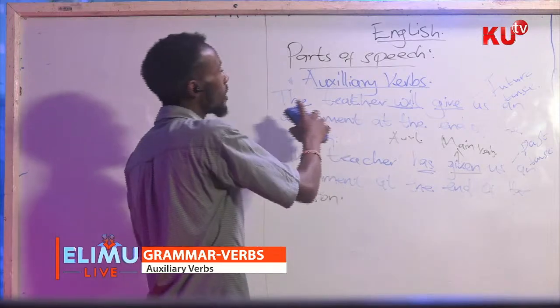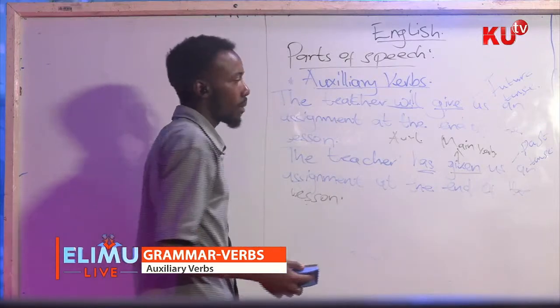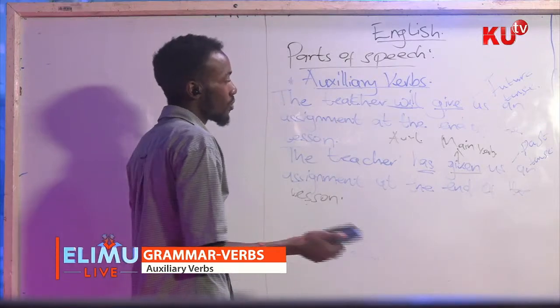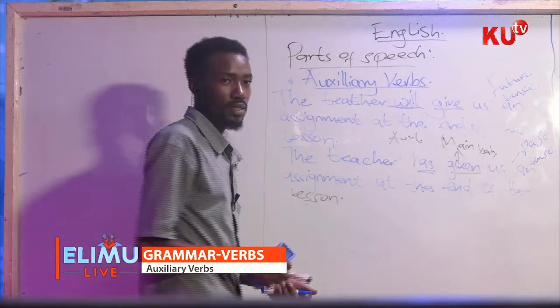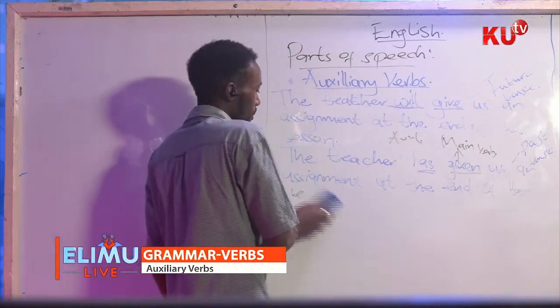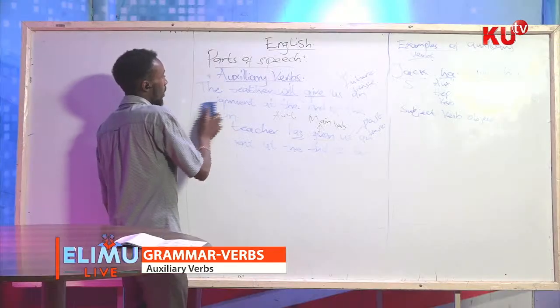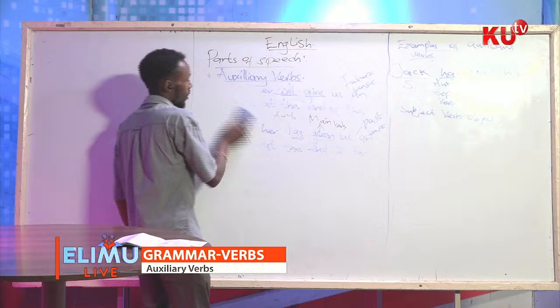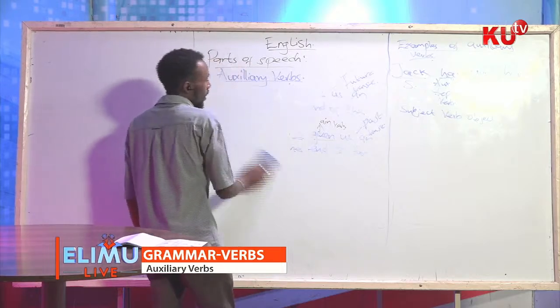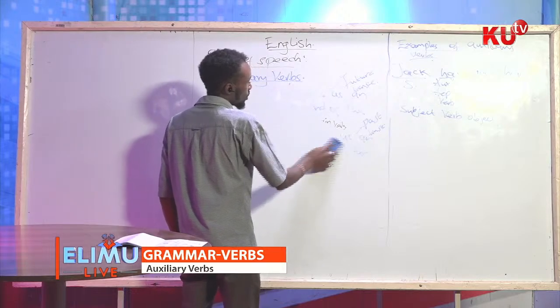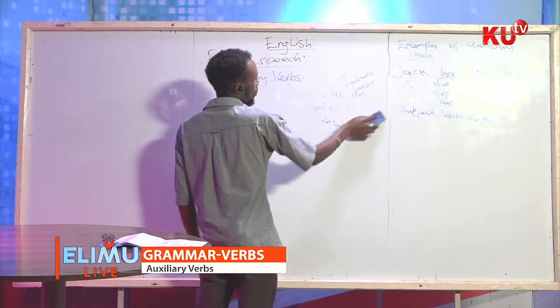That is how much role the auxiliary verb plays when it comes to the tenses of a sentence. It is very crucial for you to note these things down, for you not to forget.